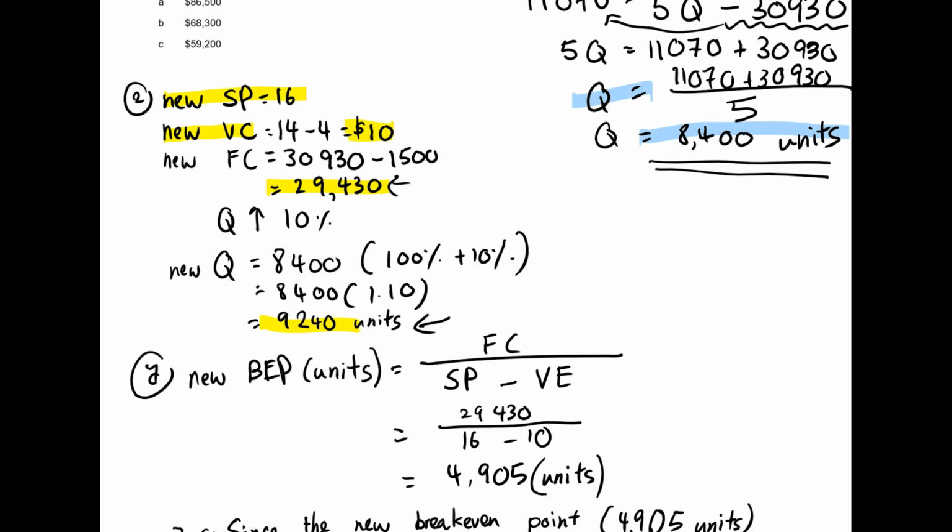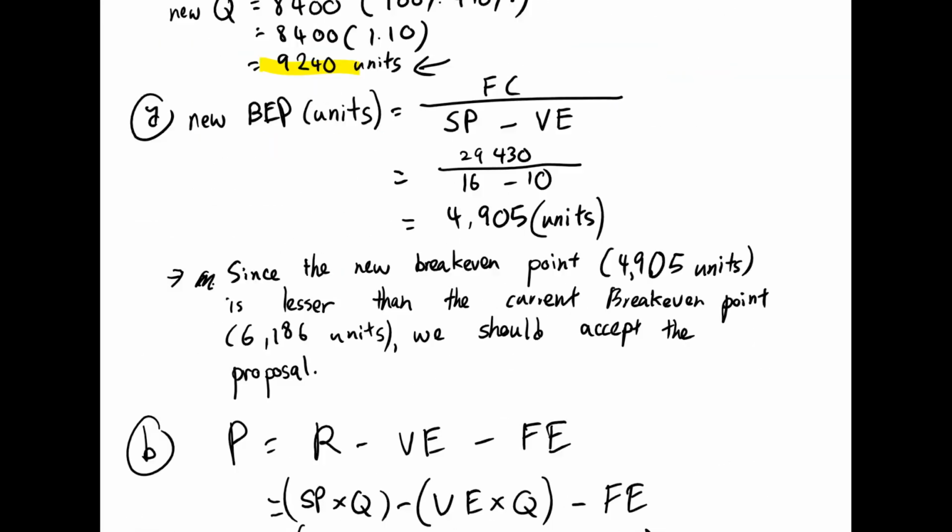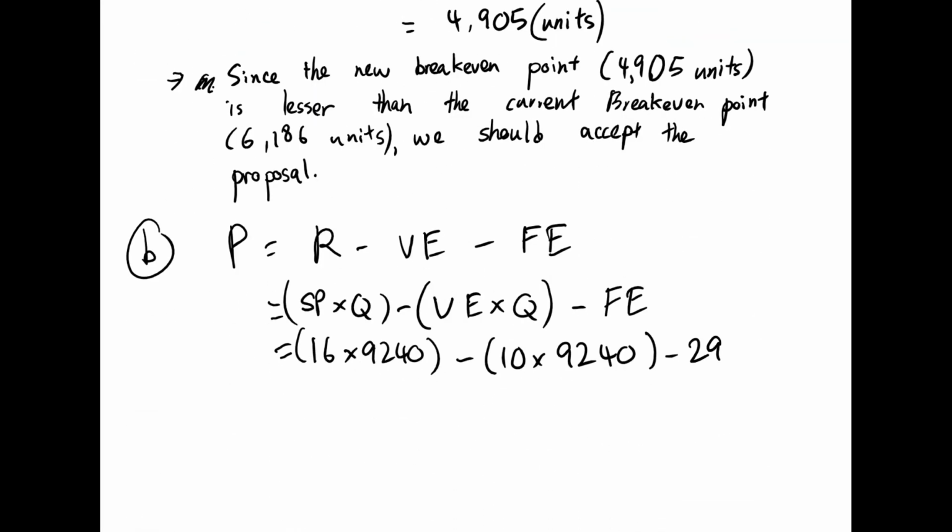Your new fixed expense is 29430, so minus 29430, so equals 16 times 9240 minus 10 times 9240 minus 29430, which equals 26010. Okay, so your new profit equals 26010.